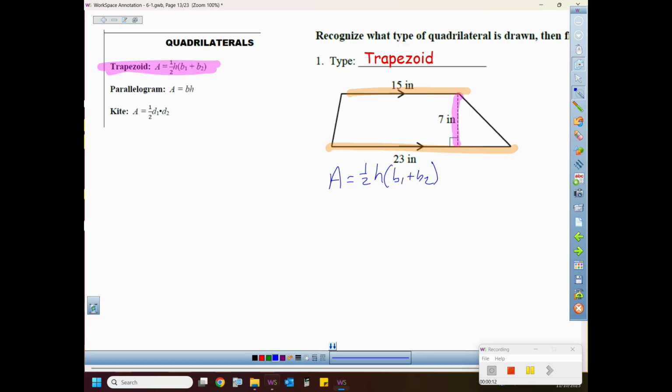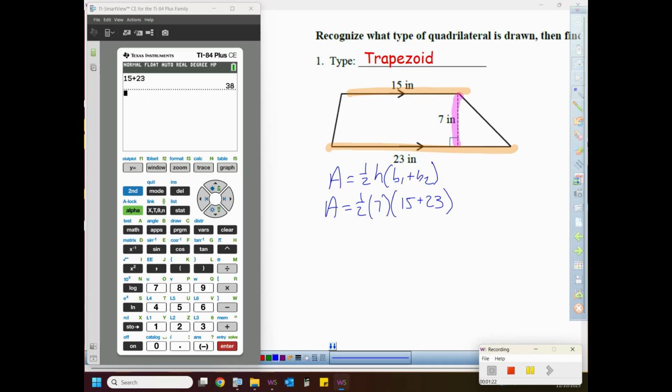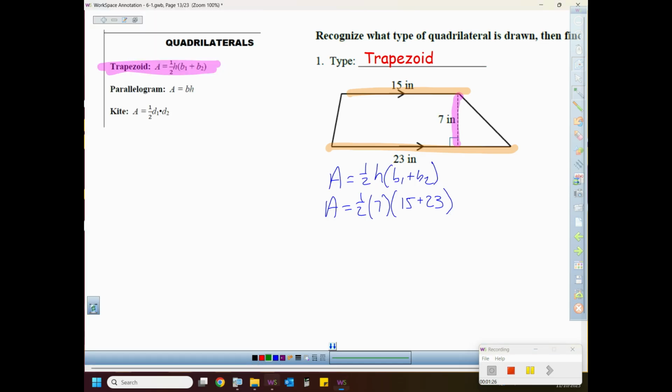So we'll sub in. My area is going to equal 1/2 times my height of 7 times base 1 plus base 2. And I like to just write it down like that so that way I can see that we put all the numbers in the right place. And then I can add my 15 and my 23 together because that's in parentheses. And when I do that, I get myself 38. So I'll just lightly scratch that out and put 38. And then I just do 1/2 times 7 times 38.